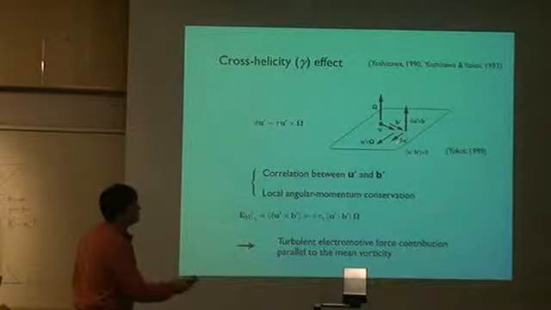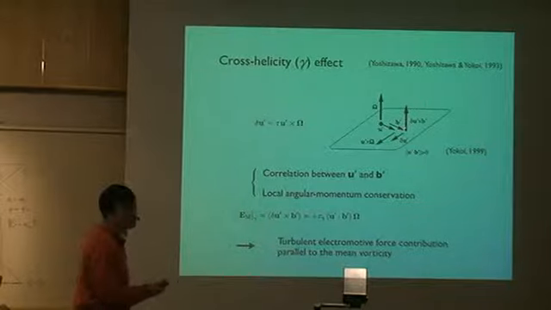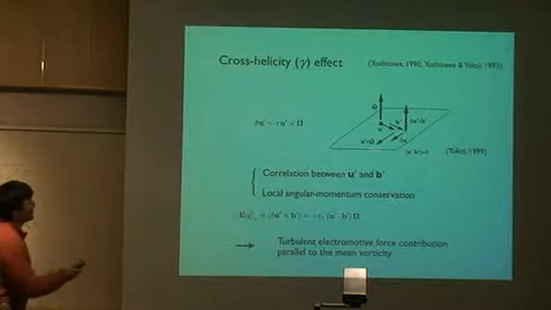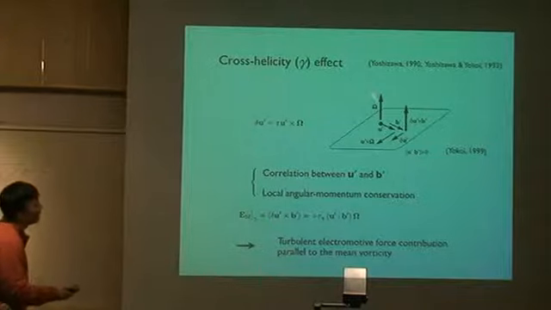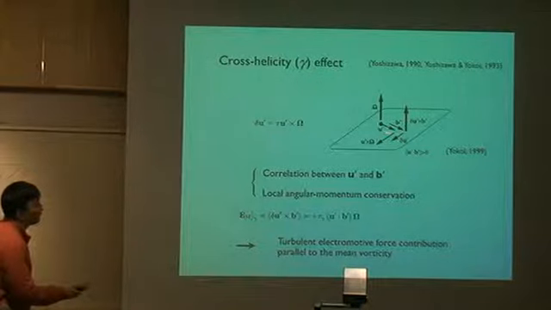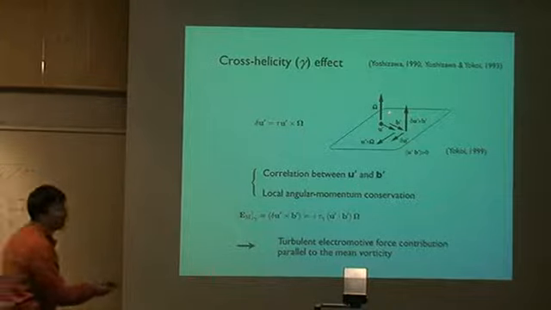If we consider delta U prime cross B prime, then the contribution to the electromotive force is parallel to the large-scale vorticity. So the point is that the effect of cross helicity comes from the correlation between U prime and B prime, that's cross helicity, and also due to the Coriolis force, which is the local angular momentum conservation for this fluid element.